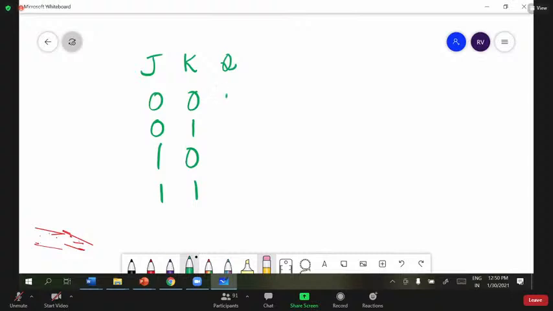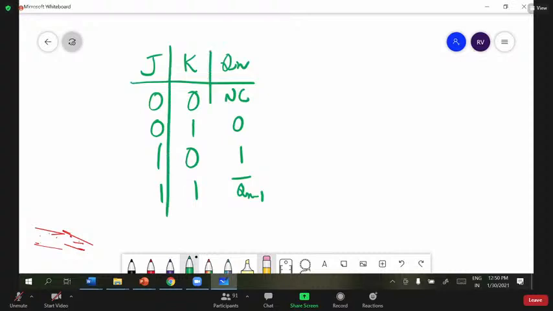For this JK, no change, and this is a reset condition, this is a set condition, this is a toggle condition, right? You know, this is a toggle condition. Suppose Qn is there, means this is Qn complement. Toggle condition. Okay.